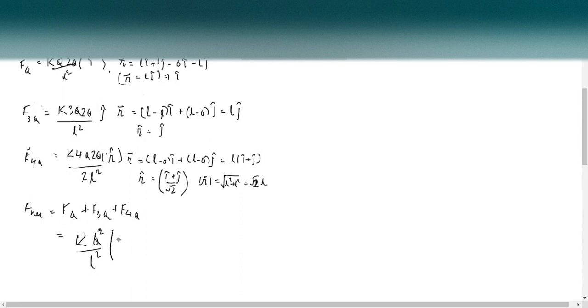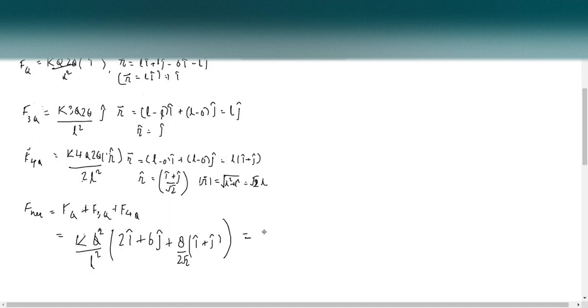The first expression will be 2i, the second expression will be 6j, and the third expression will be 8 by 2 into 2 root 2, I would say, (i cap plus j cap).